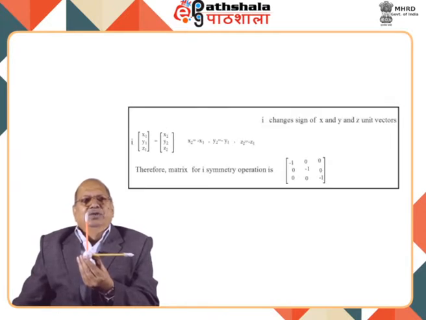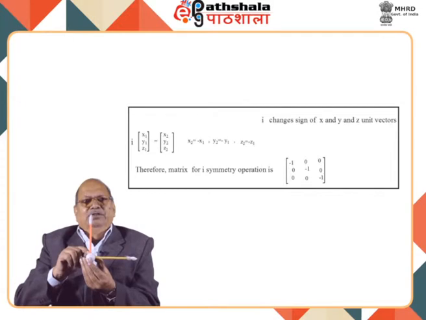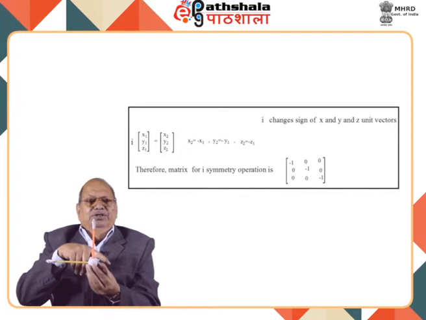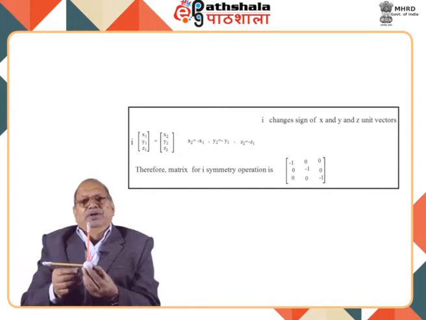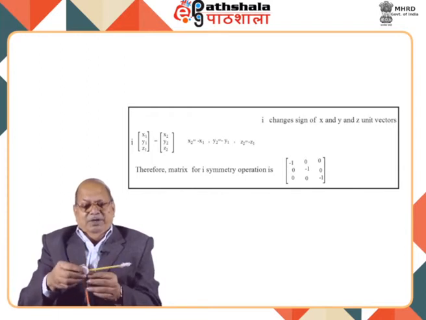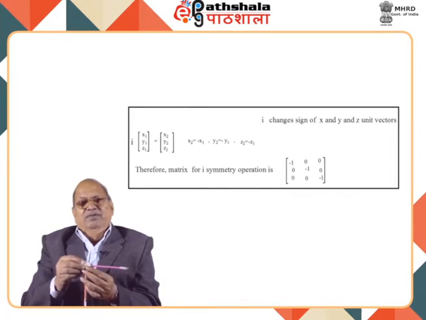Now, let us go for what happens to these vectors under the center of inversion. If I perform center of inversion, I have to reflect through these points. Earlier it was like this. I have to reflect this through this and this through this and this through this. So, we will have our figures like this.